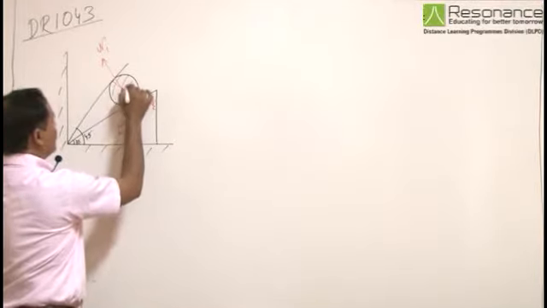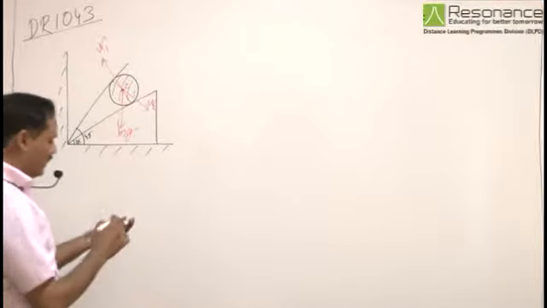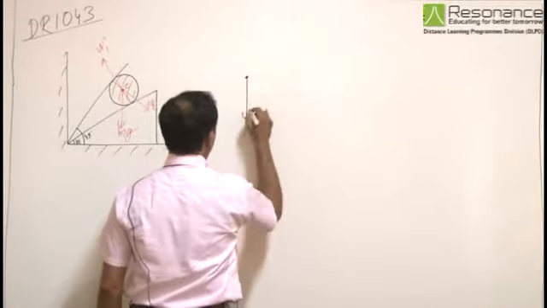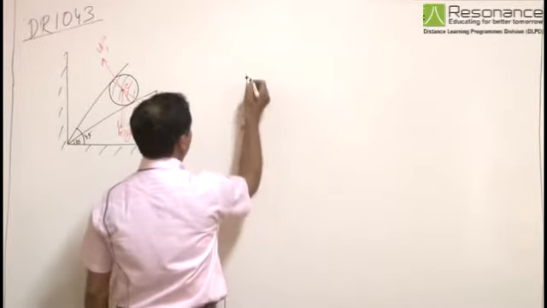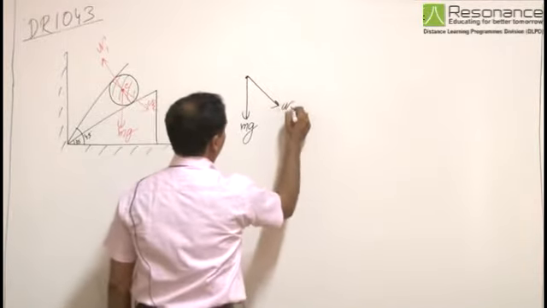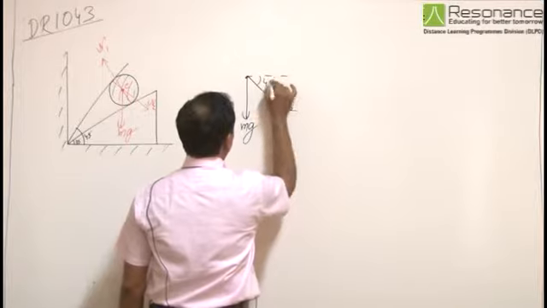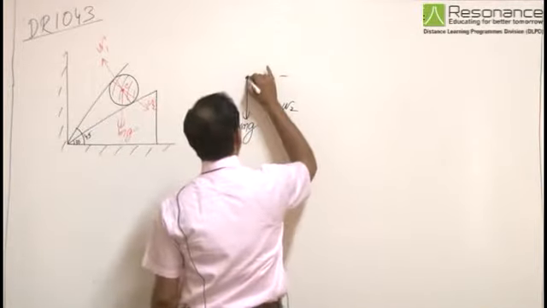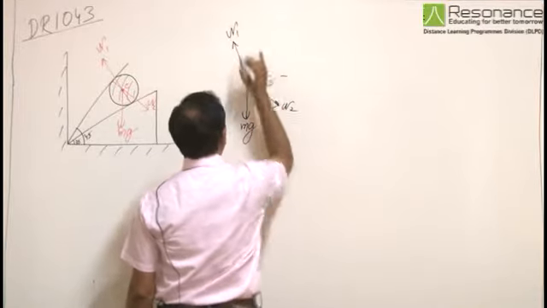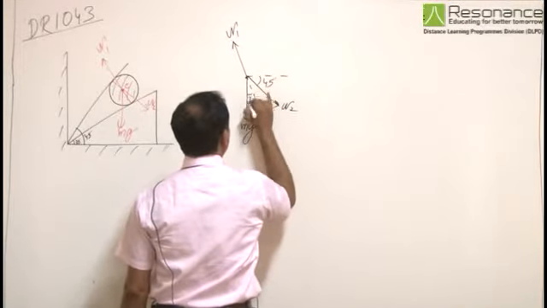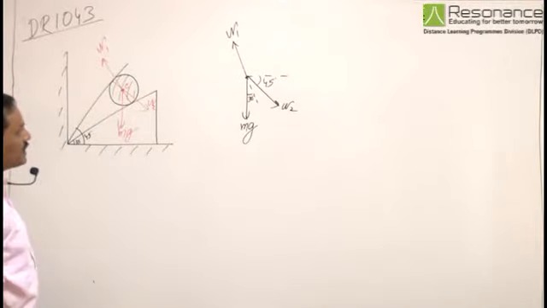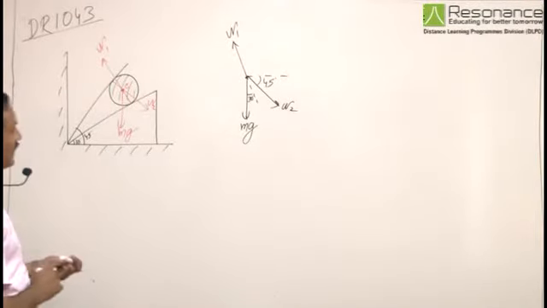So if we consider the forces at the center of the ball, we have mg downward, we have N2 making an angle of 45 degree with horizontal, and we have N1 making an angle of 30 degree with vertical. So because of these forces, the system is in equilibrium.